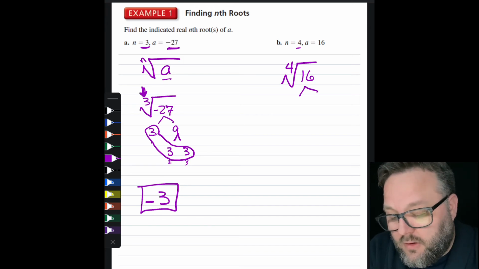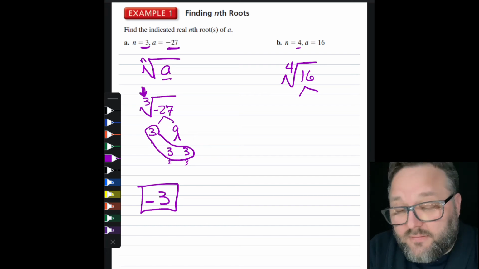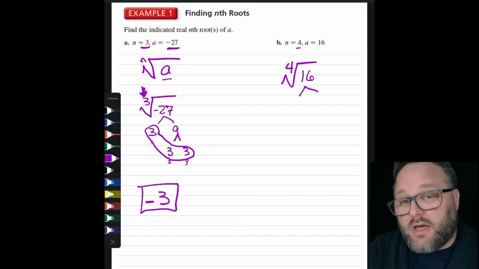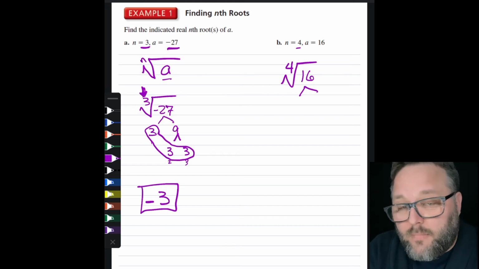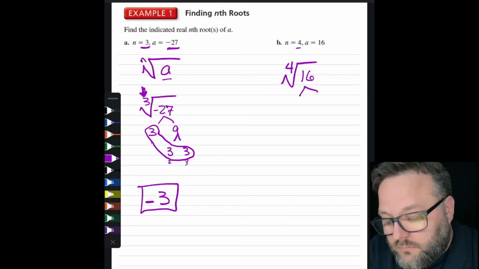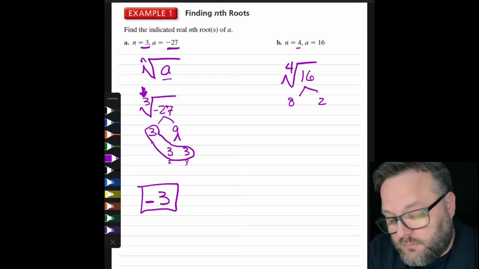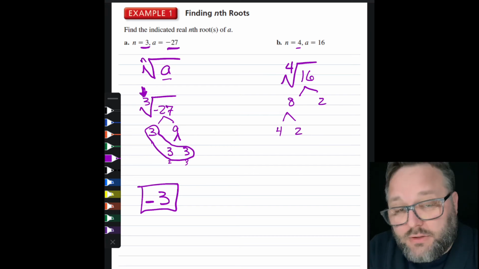Anyway, moving on. This is asking me to find 4 numbers that are the same that multiply up to 16. Well, I have 8 and 2. I also have 4 and 2.